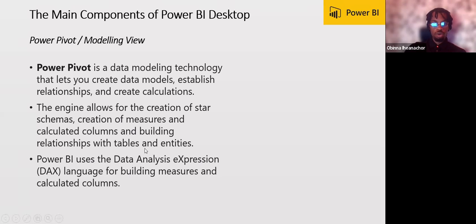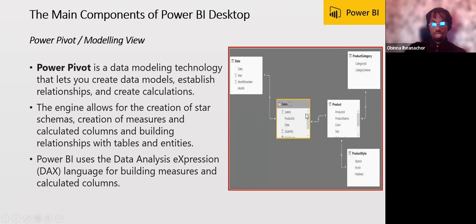It's more powerful and advanced than Excel functions. But DAX is something you use to create measures and calculated columns in Power BI, and we'll look at this also in subsequent sections. So Power Pivot helps you to create data models, to create connections between your tables, and it also helps you to create measures and calculated columns.